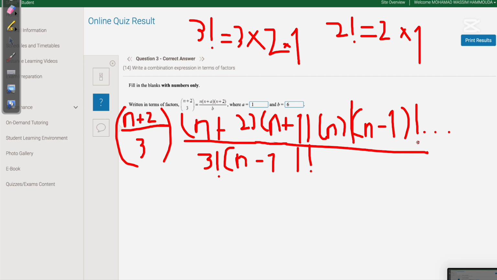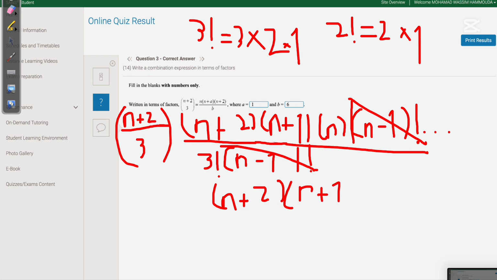We can cancel the n minus 1 factorial in the numerator and the denominator, which leaves us with n plus 2 times n plus 1 times n over 3 factorial, which is equal to 6.